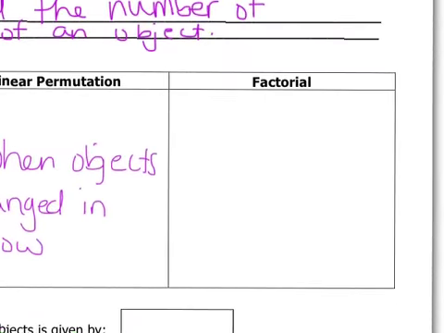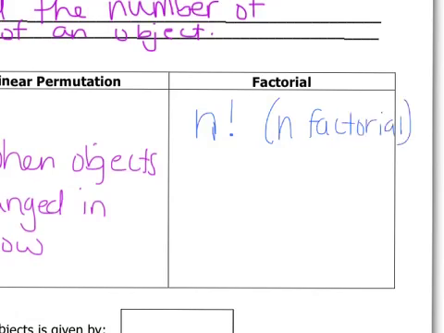Finally, the next definition that we need to discuss is what we call a factorial. This is written as an exclamation point, but it's read as n factorial. And what this means is that you are multiplying that number times the number before, times the number before, all the way down to 1.